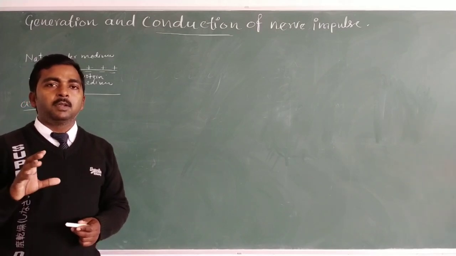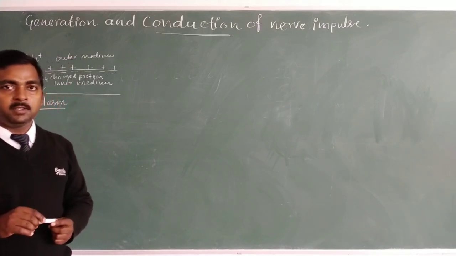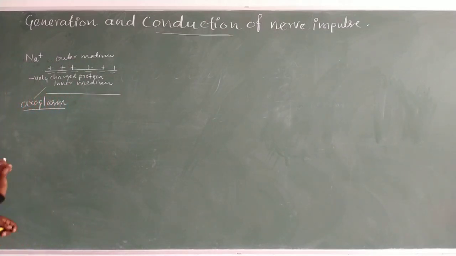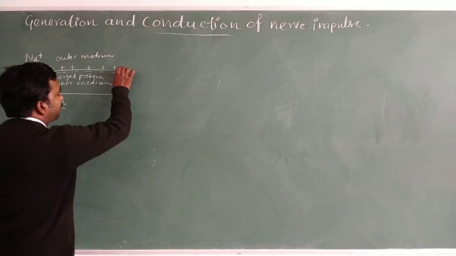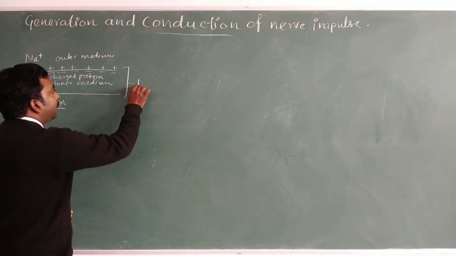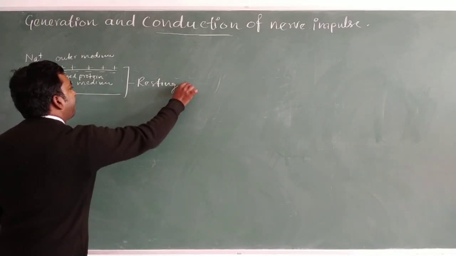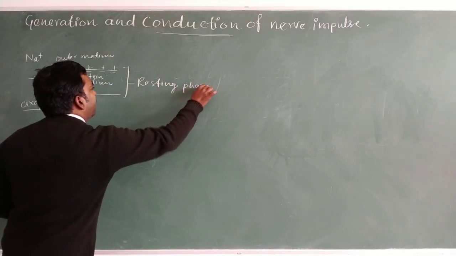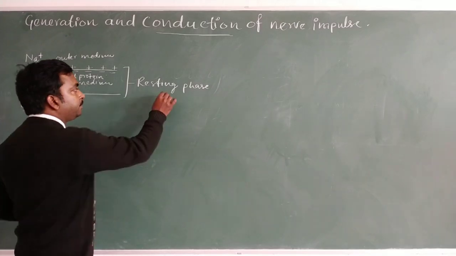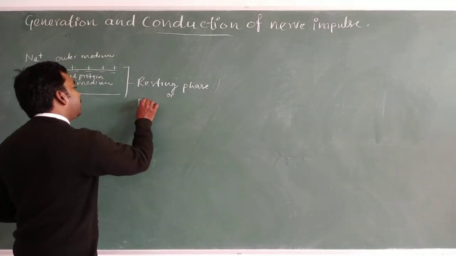So how does this accumulation of ions take place? There are two phases. The first is the resting phase. This diagram shows the resting phase. The resting phase is also known as the polarized phase.